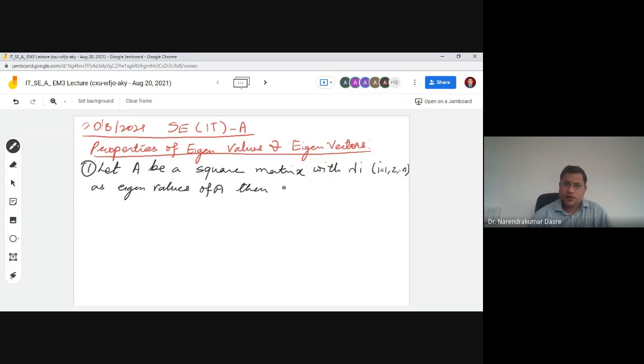The sum of all eigenvalues is equal to the sum of all diagonal elements of A.